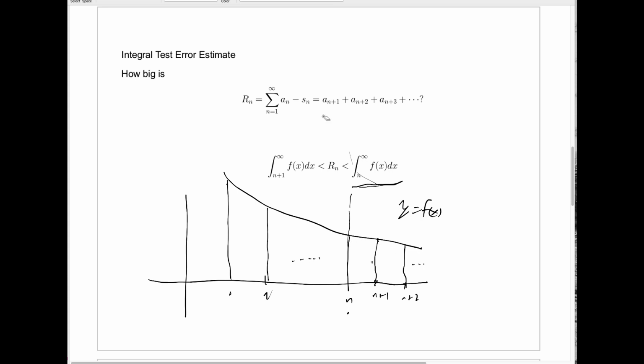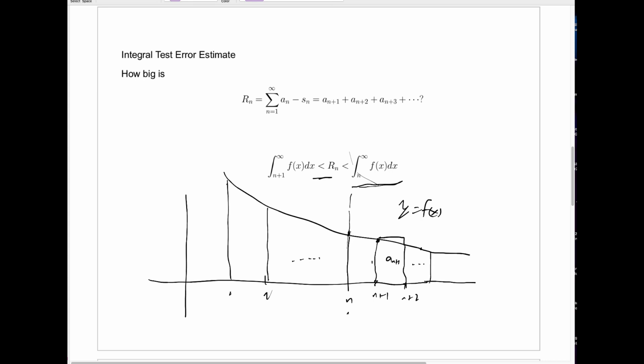In order to see the other inequality, we can just modify the rectangles a little bit. We see this inequality on the left side here, that R sub n is greater than the integral from n plus 1 to infinity of f of x dx, by considering this picture where we start here at n plus 1 and look at the rectangles to the right. This has area a sub n plus 1 because the y-coordinate of this point on the left is exactly a sub n plus 1. It's f of n plus 1, which is how we define a sub n plus 1. Let me just extend this a little bit.